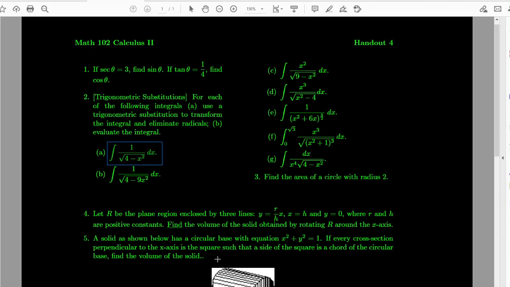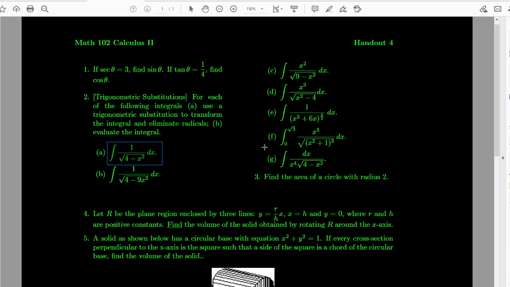Actually, for most of the questions, we're going to do the questions in 2 rounds, okay? The first round is to use a trig substitution to get rid of the radical, or the radicals if there is more than one. The second round we evaluate the integral.